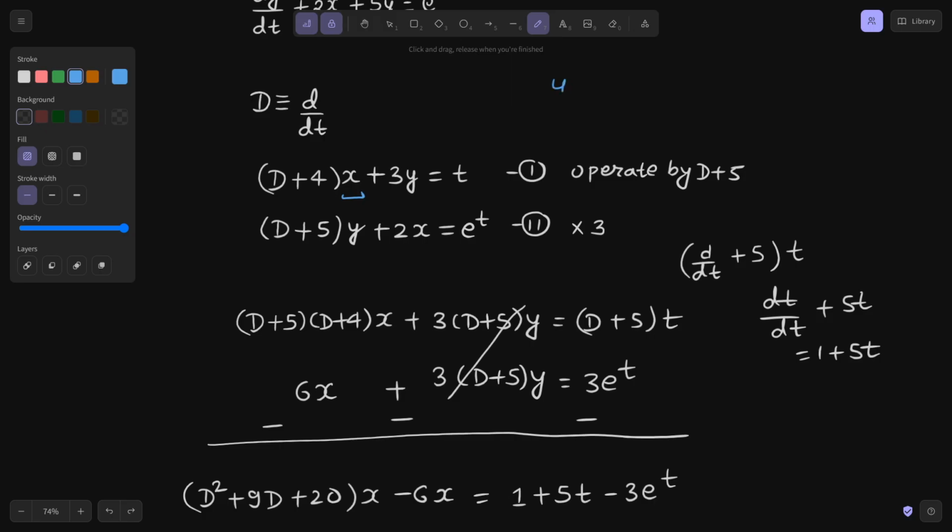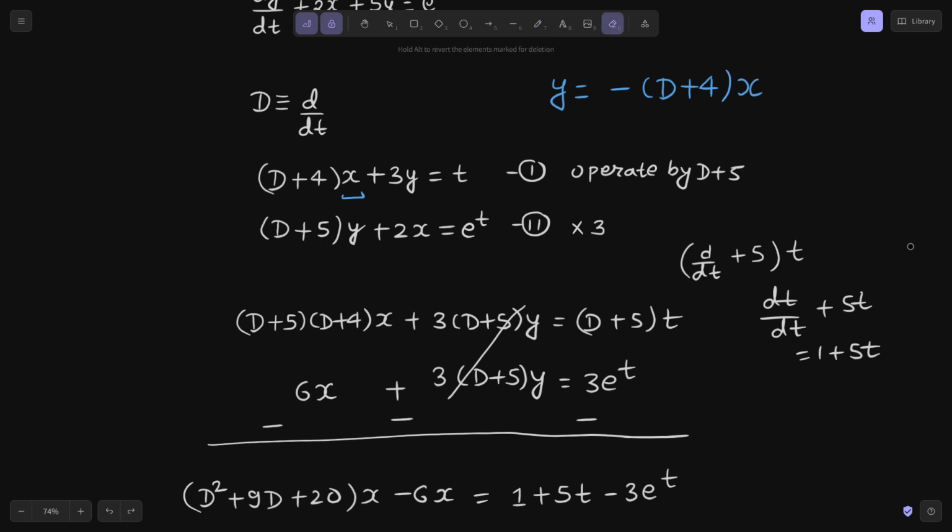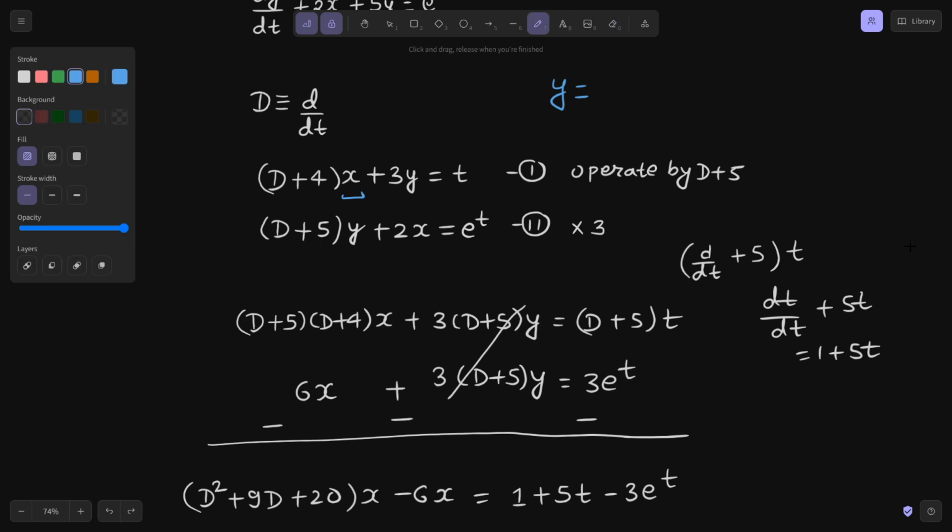Y from here will be minus of d plus 4 operating on x, rather like this, 1 by 3 t minus d plus 4 operating on x.